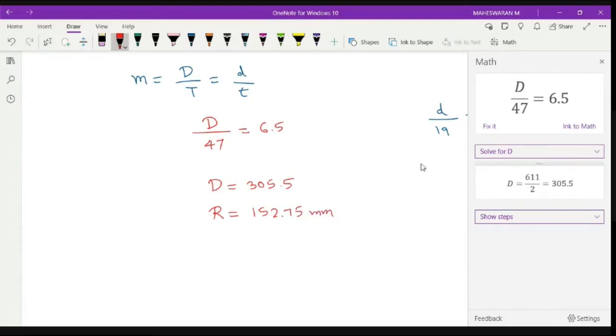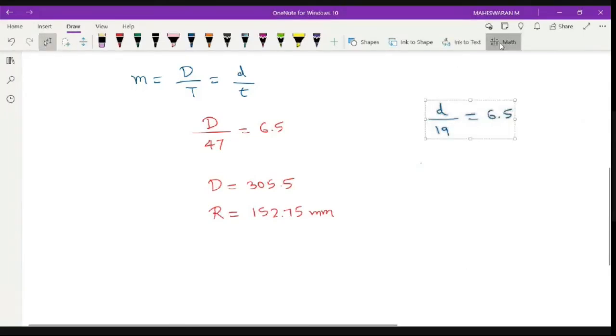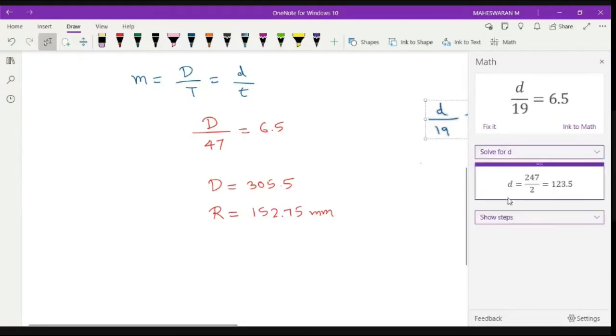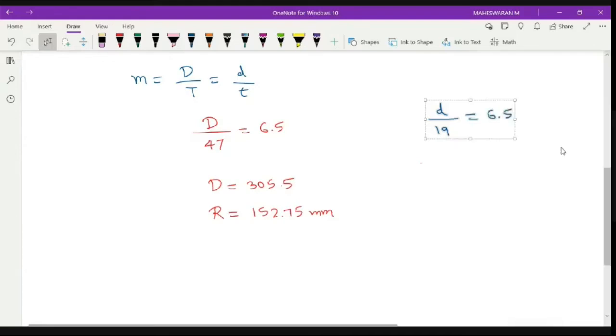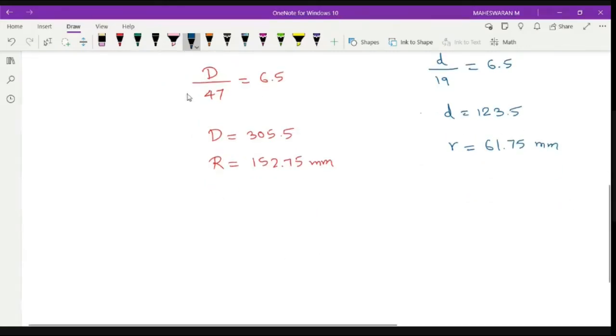Similarly, we can identify small d, which I think is 123.5. So small r is 61.75 mm.